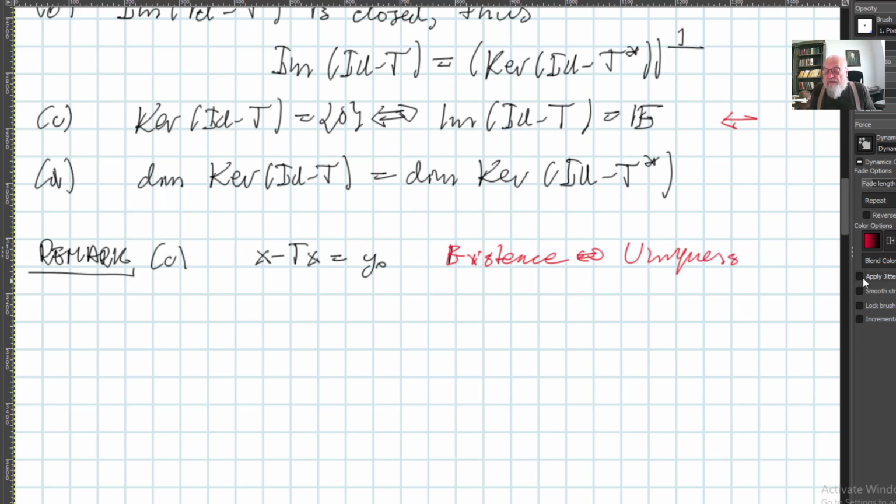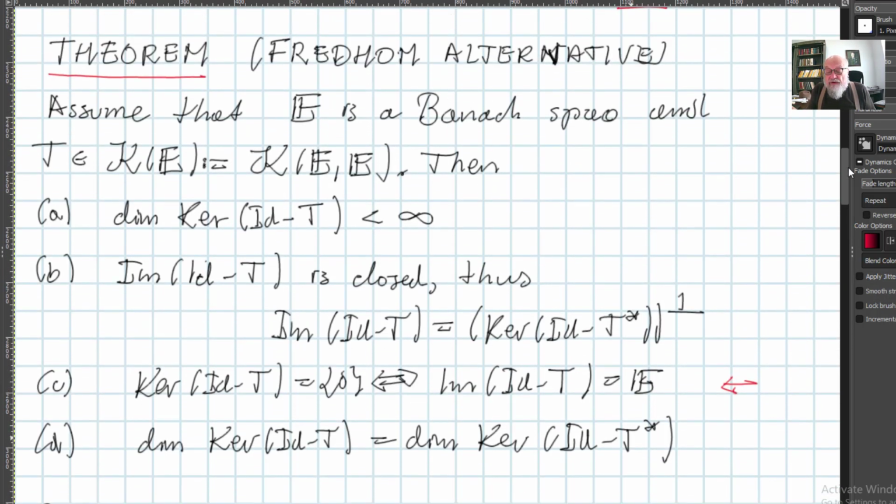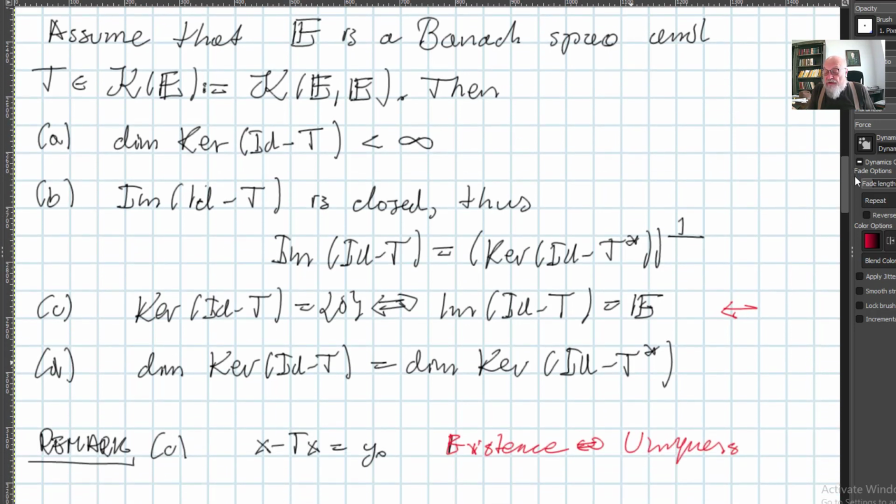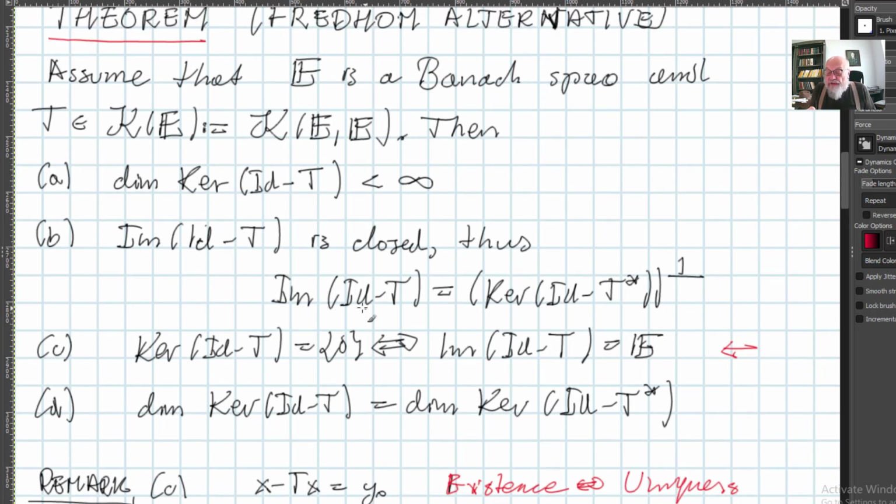And we say that this is a Fredholm operator because, in fact, the dimension of the complementing space to the image of the operator identity minus T is equal to the dimension of the kernel of identity minus T star.